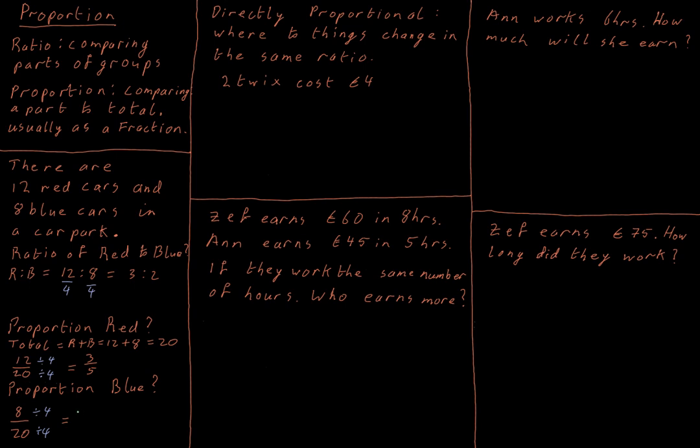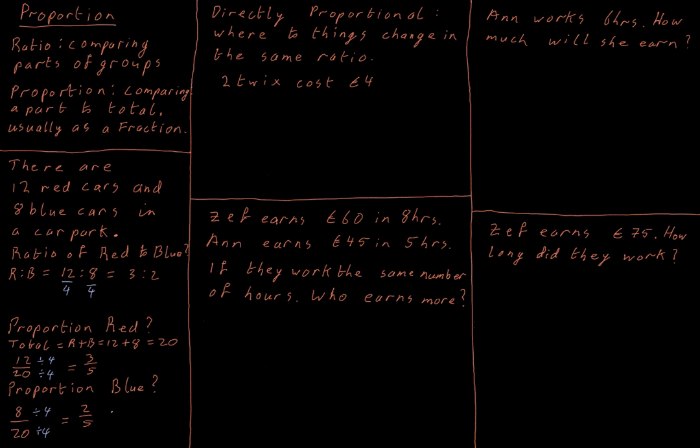And that is going to leave us with 2/5. Now that makes a certain amount of logical sense. 3/5 of our cars are red, 2/5 of our cars are blue, and that covers all the possibilities. So if we add up our proportion of red cars and our proportion of blue cars, we get 5/5. And that makes sense for our total proportion. 5/5 would be our total. That'd be 1.